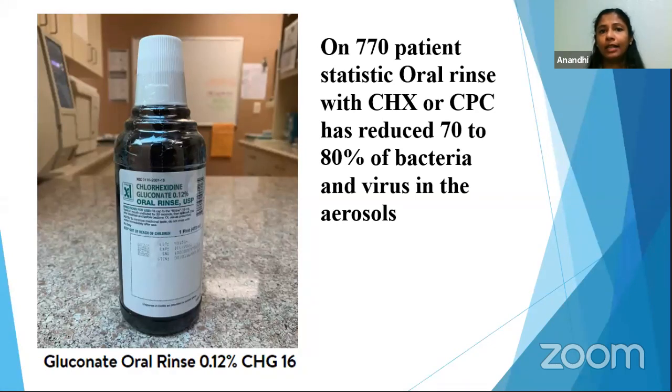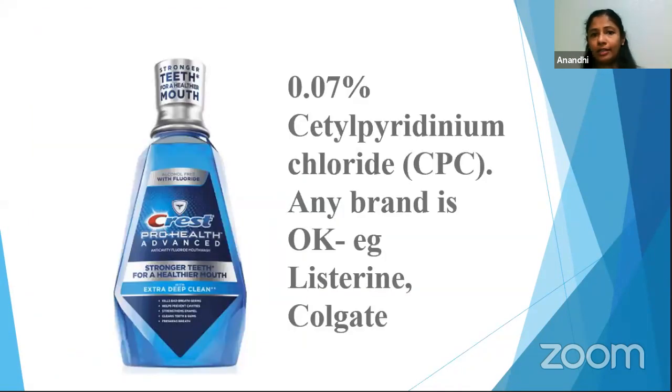I saw a study with 770 patients, and it says that chlorhexidine or anything which has like 0.07% or even 0.05% of CPC reduces the virus or bacteria. Any mouthwash will reduce the bacteria and virus in the mouth.